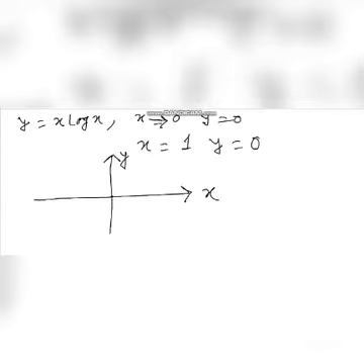So if this is my graph paper, this is the x axis and this is of course the y axis. Then we have found 2 points, x = 0 and x = 1, where the function is 0.